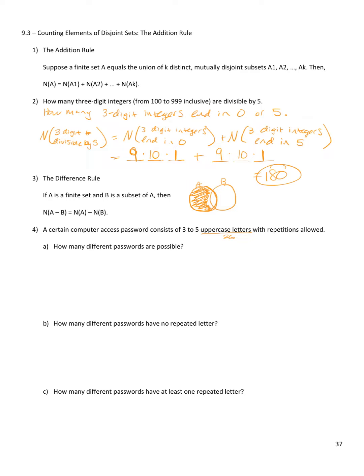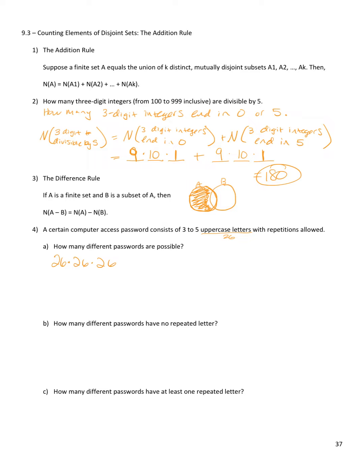So for a 3-letter password, there would be 26 times 26 times 26 possible passwords. But you could also have a 4-letter password, and a 3-letter password and a 4-letter password have nothing in common. So those two sets would be disjoint, which means that I can use the addition property. So for 3 letters it's 26 times 26 times 26.